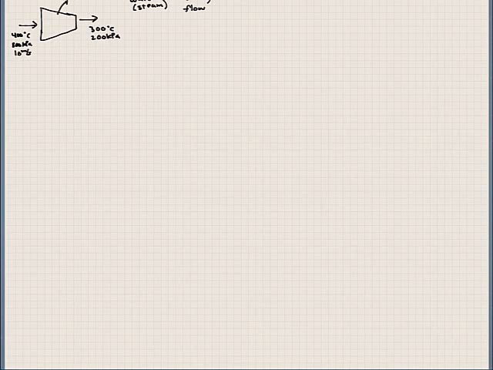We know that the inlet area here is 800 centimeters squared also. What we are interested in is to find the exit velocity, and let's also find the volumetric flow rate.